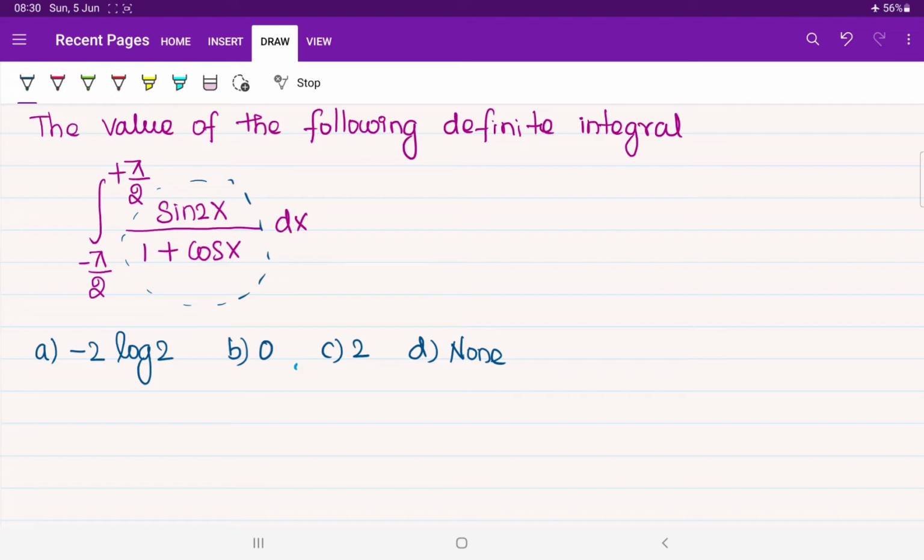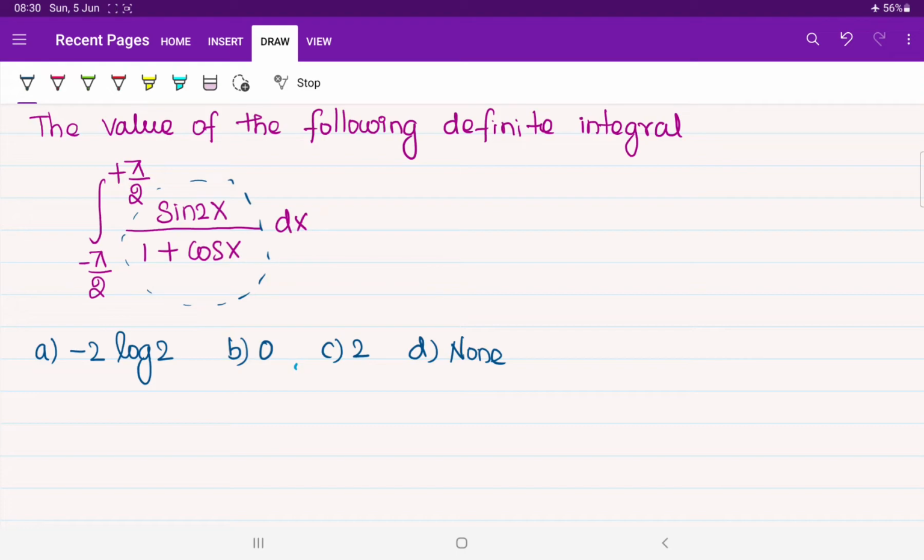Because most of the time in the examination, they will give you some difficult trigonometric expression which cannot be directly resolved, but behind that they will bring the properties of even and odd functions. Most of the time they will give you an odd function in order to directly pick the answer, such that within the given time you can easily solve the question.